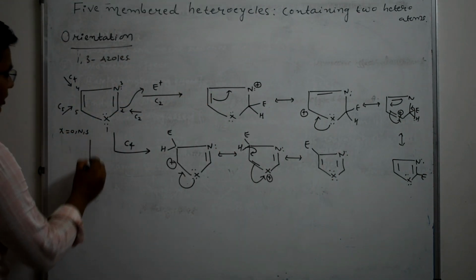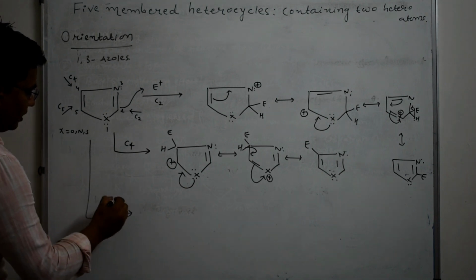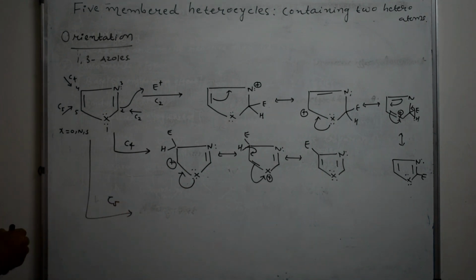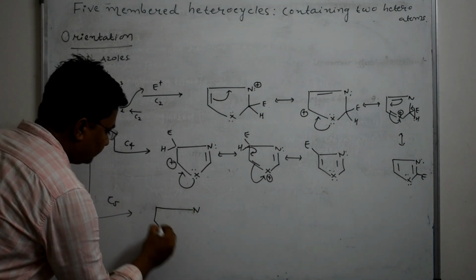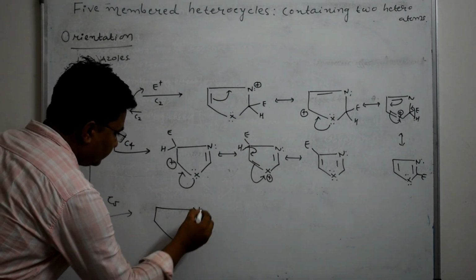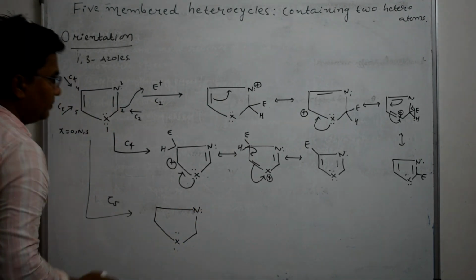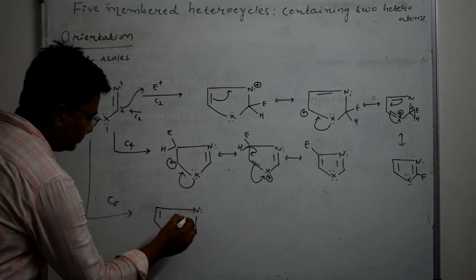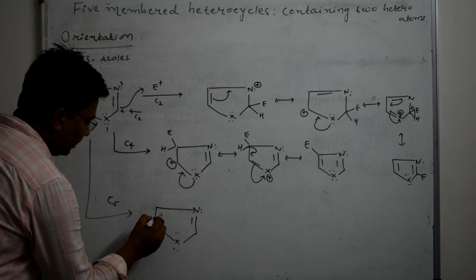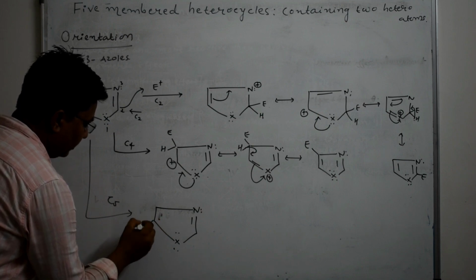And if it attacks the C5 carbon, then what happens? Let's see the resonating structure in case of electrophile attack on C5 carbon. So it is attacking up here on C5 carbon.